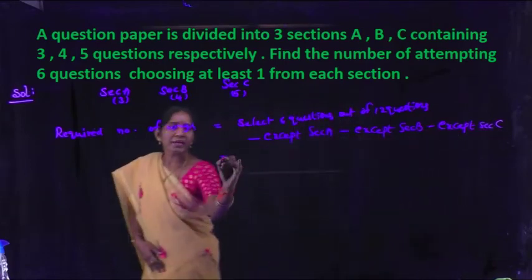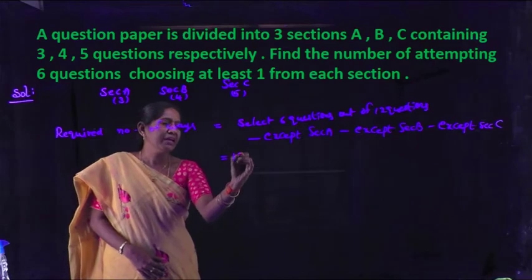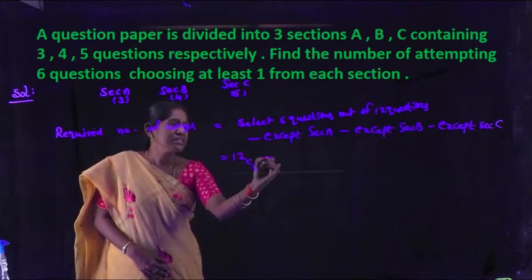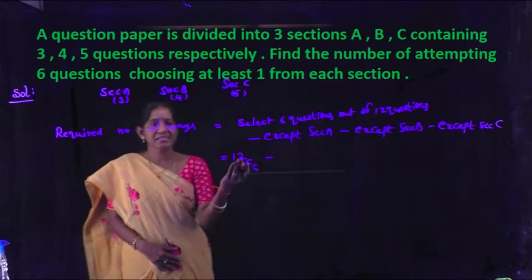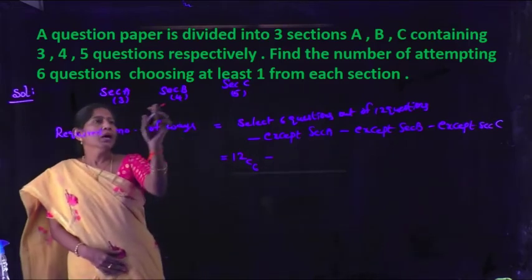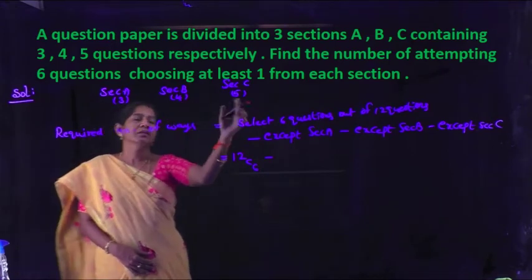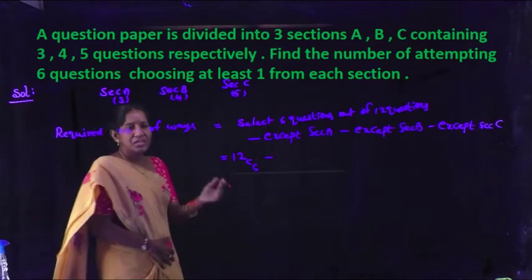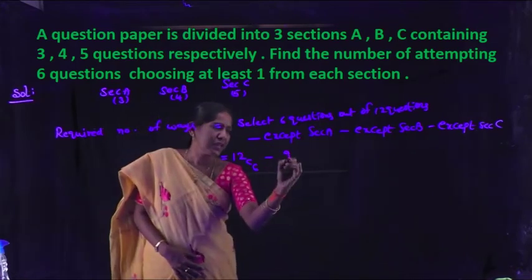So the total number of questions is 12. Selecting 6 questions can be done in 12C6 ways. Minus except section A. So remaining questions except section A, there are 9 questions. Out of these 9 questions, select 6 questions in 9C6 ways.